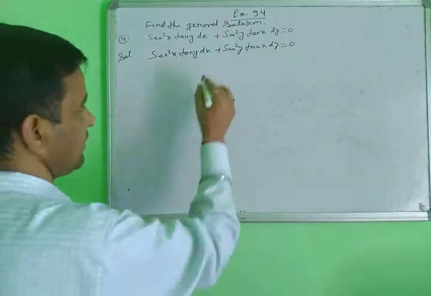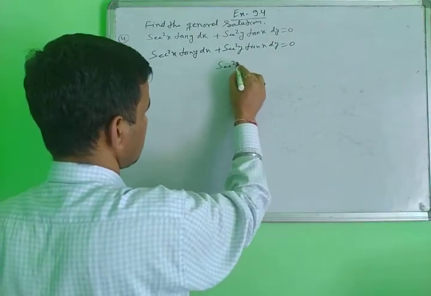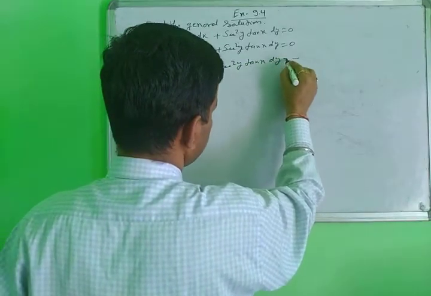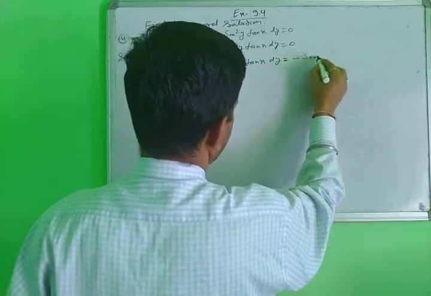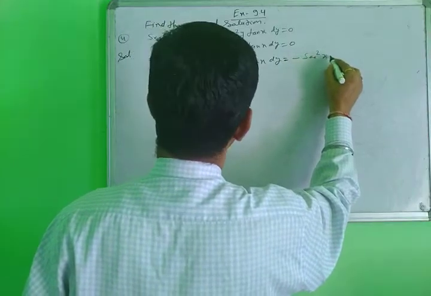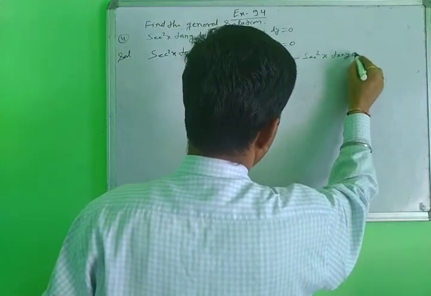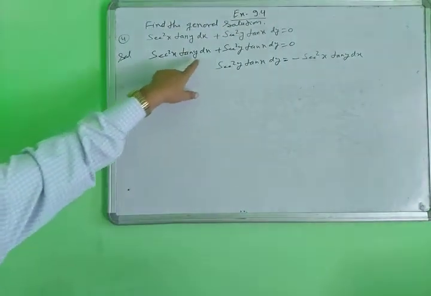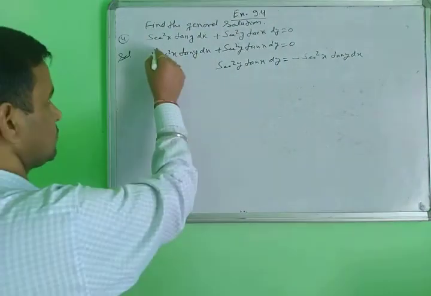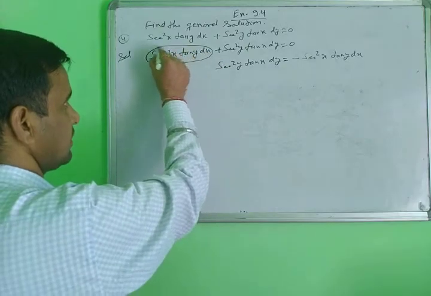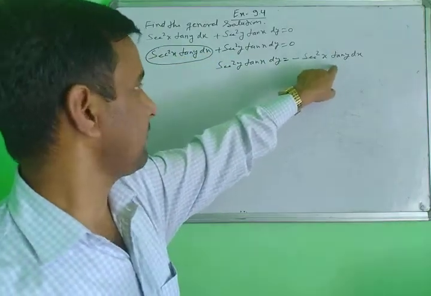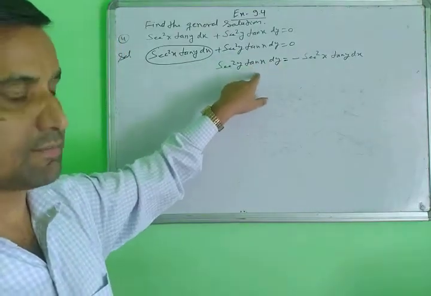So you separate: sec square y tan x dy equals minus sec square x tan y dx, transposing this portion to the right side.